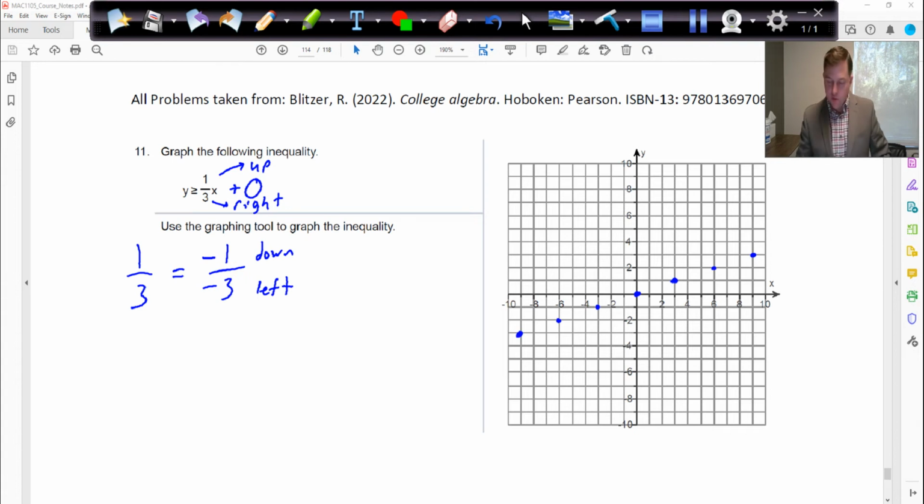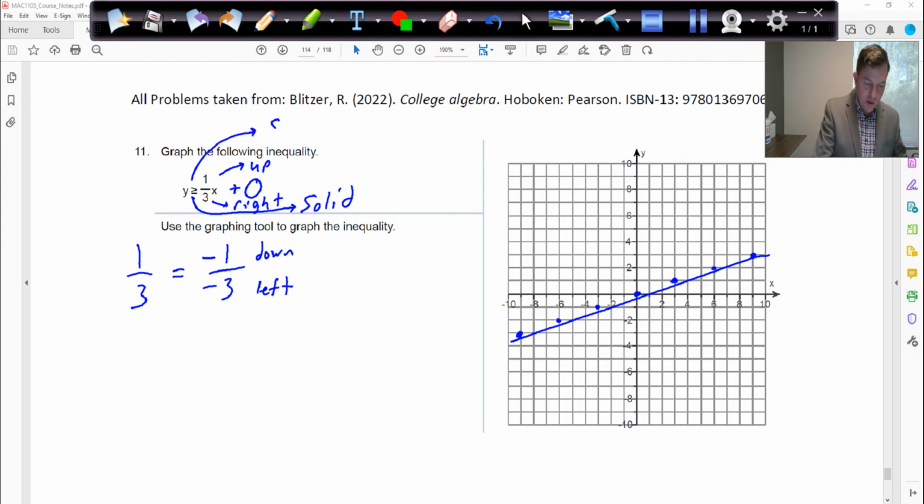And there we have it. So we have all the dots that you could possibly have with this scale. And we see the equal to bar, so that's going to mean a solid line. So we can just go in here and connect these dots completely. Missed the dots a little bit there, that's okay. And if it's greater than means we want to shade above it.